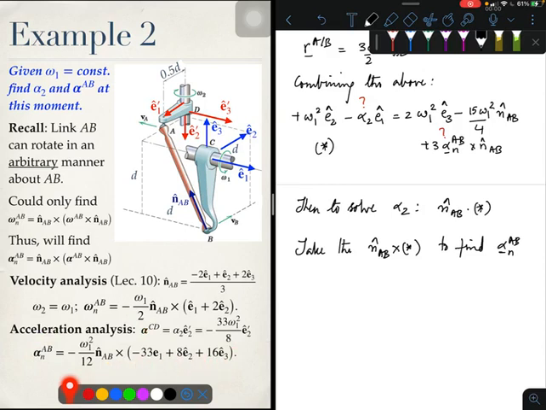Thus I have solved the problem. I have found alpha 2 and alpha AB. Alpha AB has been found to the extent that I do not know the rate of spin of the rod AB about its own axis, because that cannot be controlled by this mechanism, as the joints A and B are spherical. So that completes this example. We will now move on.